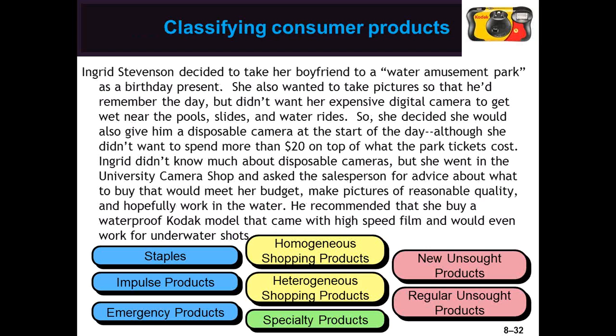This next slide is a series of slides, adapted from an exercise that was involved in a different course. Consumer product classes are based on the way people think about and buy products. However, different groups of potential customers may have different needs and buying behavior for the same product.